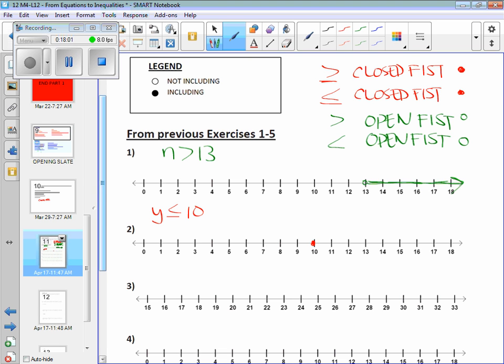Would 8, 7, 13? What about 10.1? No. What about 9.9? What about 10? Yes, because it can equal it. All the way to the end and make an arrow.